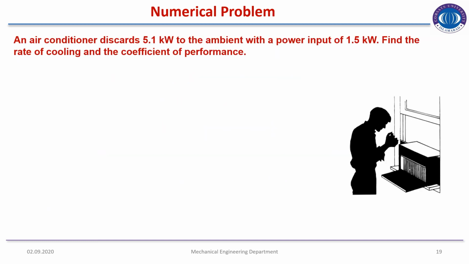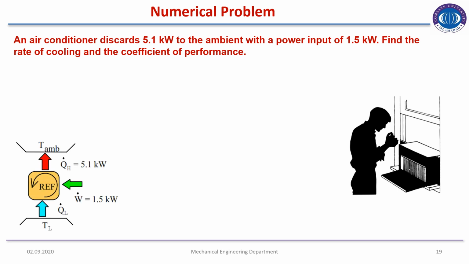Second numerical problem: an air conditioner discards 5.1 kilowatt to the ambient with a power input of 1.5 kilowatt. Find the rate of cooling and the coefficient of performance. The schematic diagram is shown.